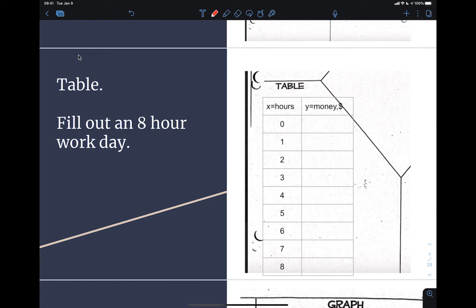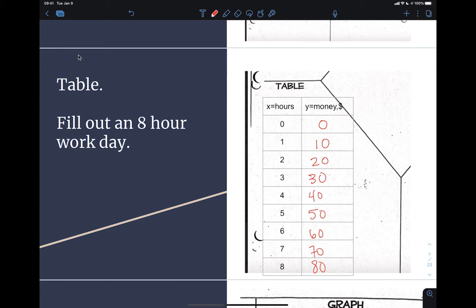We work 0 hours, we'll make $0. We work 1 hour, we're just going to make $10. 2 hours, $20. 3 hours is $30. Can you guys continue filling this out? And as always, if you need more time, just hit the pause button.